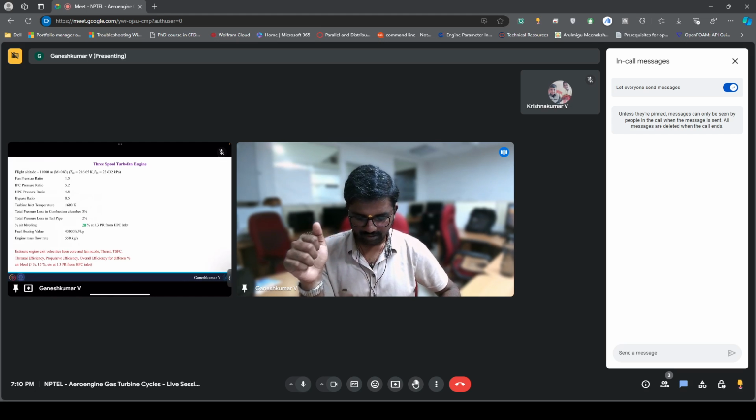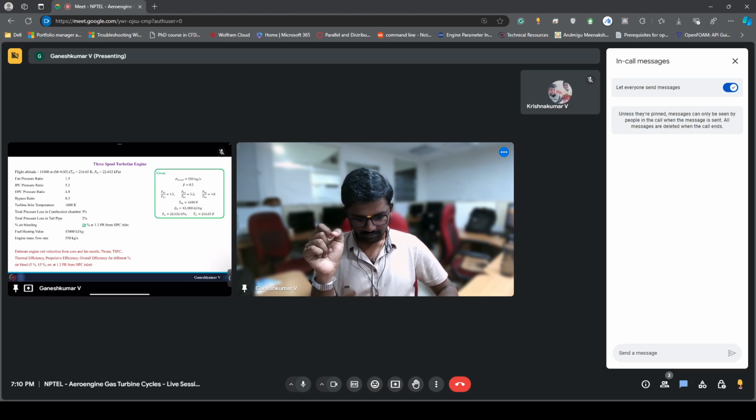Now we need to estimate the engine exit velocity from core and fan nozzle, thrust, TSFC, thermal efficiency, propulsive efficiency, overall efficiency for different percentage of air bleed, 5%, 15%, etc. All these we are taking out from 1.3 pressure ratio from the HPC inlet.